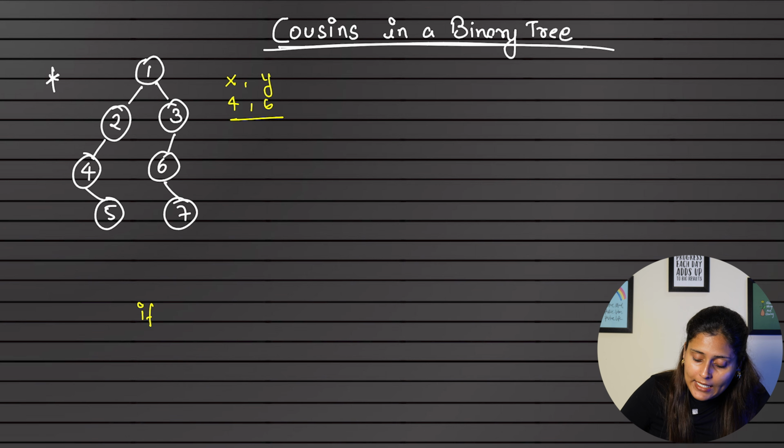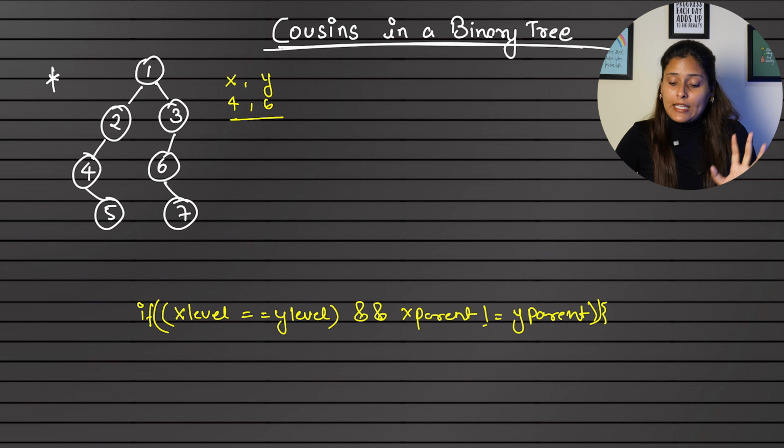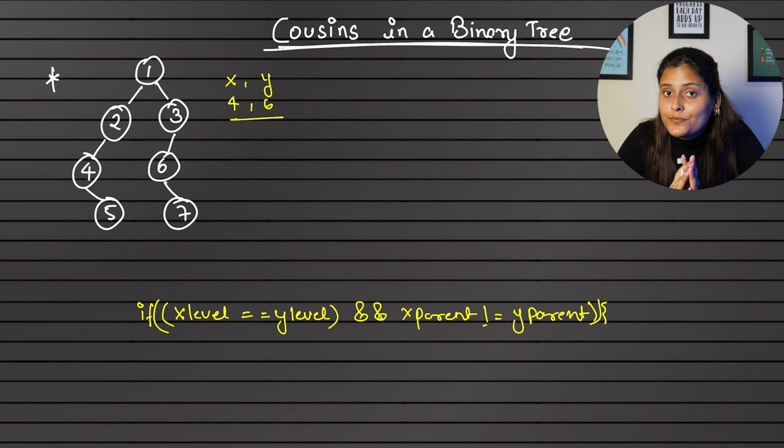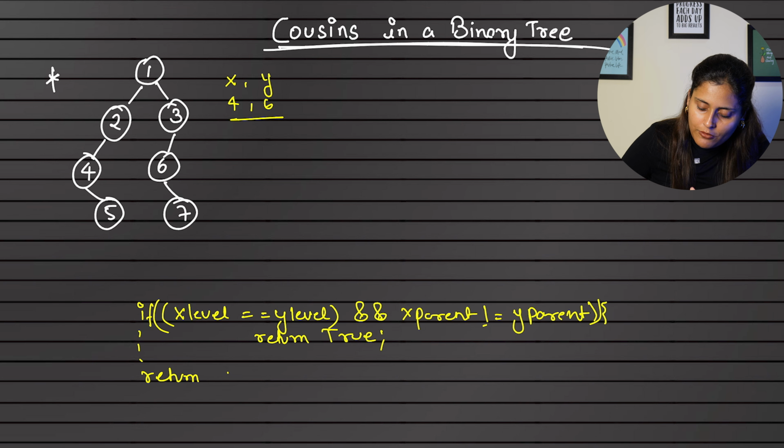If the level of x equals the level of y, and x's parent is not equal to y's parent, level same, parent not same, return true, else return false.